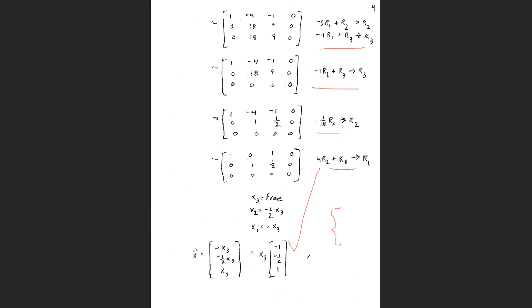So a basis for this eigenspace is just one vector, -1, -0.5, and 1.